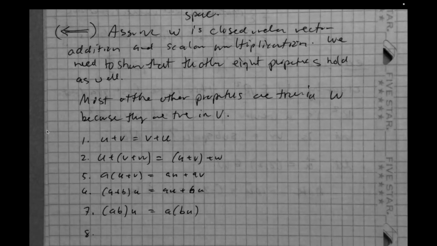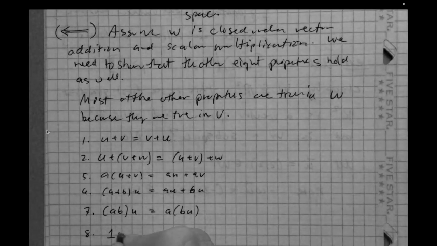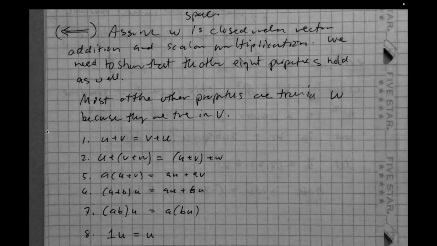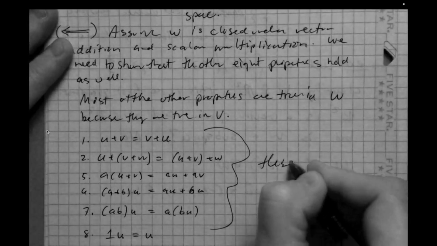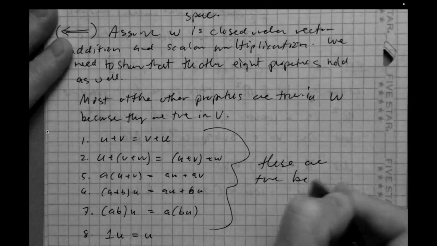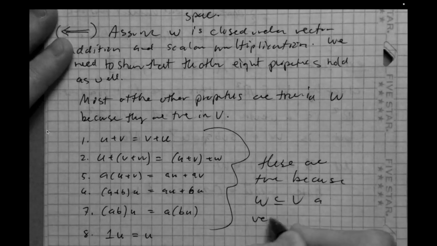And then we get this one, the scalar multiplication identity: 1 times U equals U. All of these are obviously true because V is a vector space, and if these elements are in W, then they're naturally in V, and so all of these vector space properties hold. So these are true because W is a subset of V, a vector space.